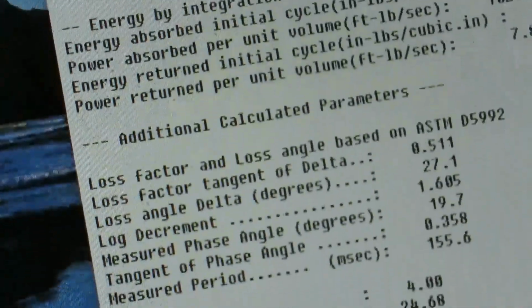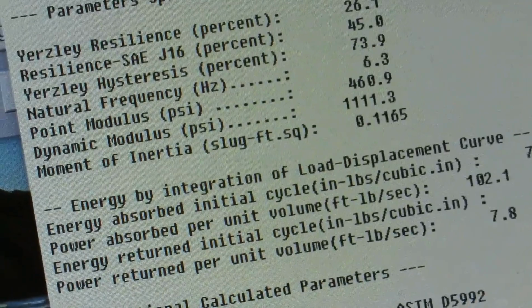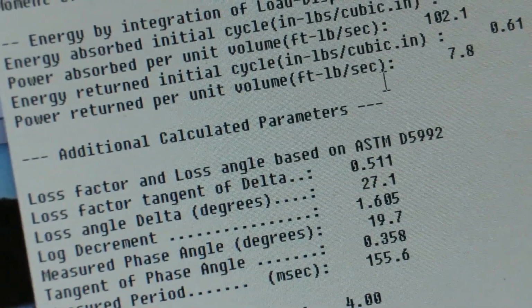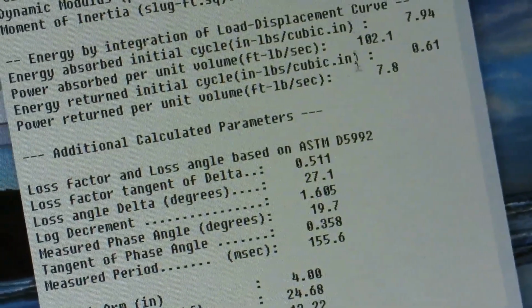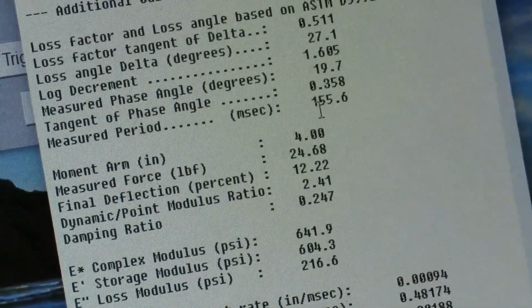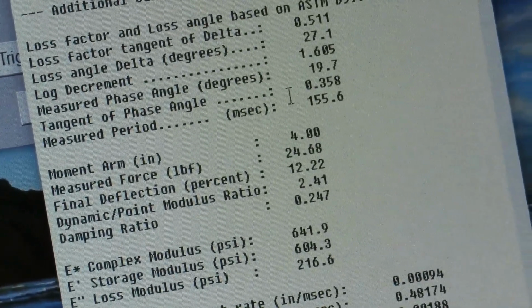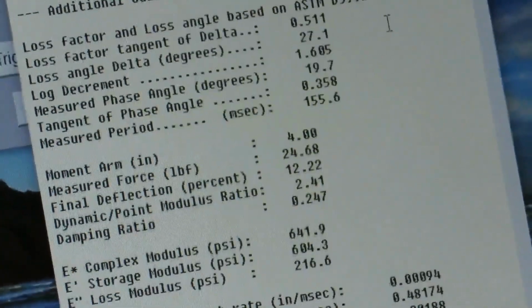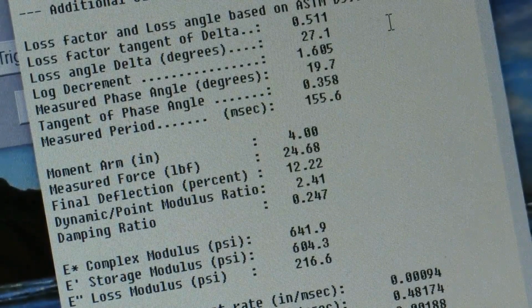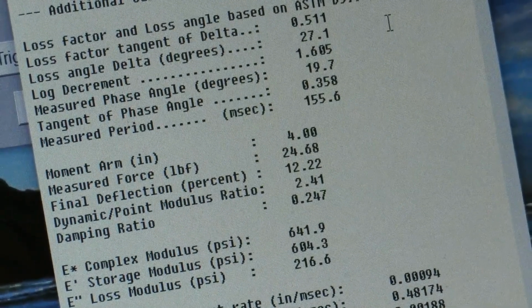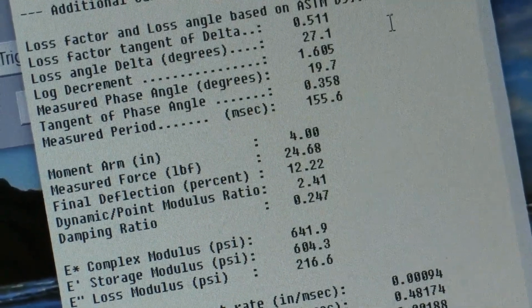And then underneath, there's another group of energy by integration of load cell, and the next one is loss factor and loss angle. The measured calculated loss angle delta of 27 degrees and measured phase angle of 19.7 directly measured.